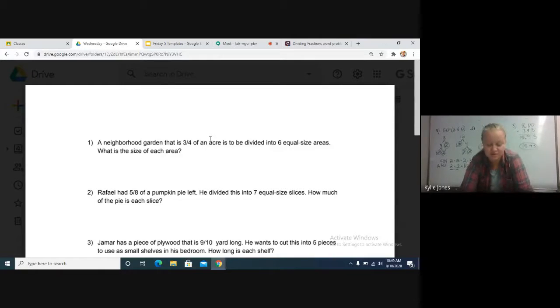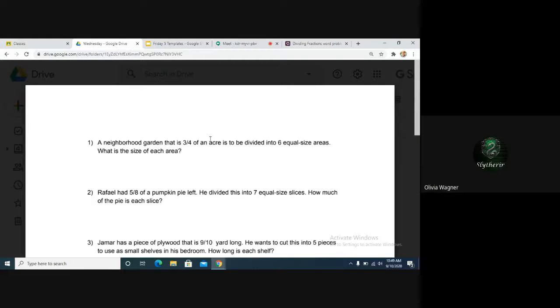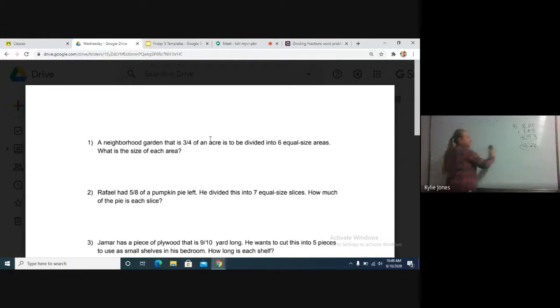But what word in here tells you that we're doing division? Divide. Yeah, it literally says it's going to be divided into, right? So we need to do that division. And we need to figure out what we're going to divide. So what 2 numbers are we going to be dividing here?